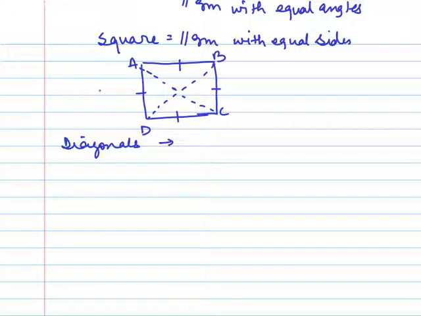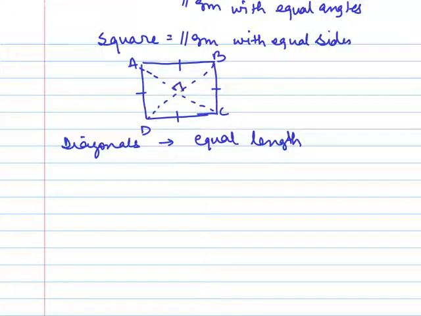So first of all, because a square is a rectangle, they are of equal length. Right, because it is also a rhombus. Yes, you see, it is also a rhombus. What is a rhombus? A rhombus is a parallelogram with equal sides. Over here also, a square is a parallelogram with equal sides. So it is a special case of a rhombus also.